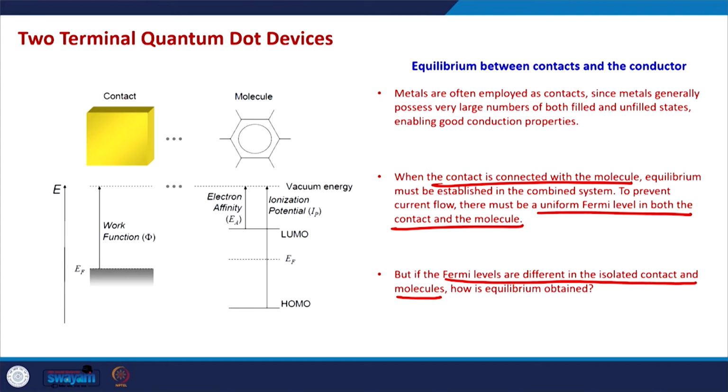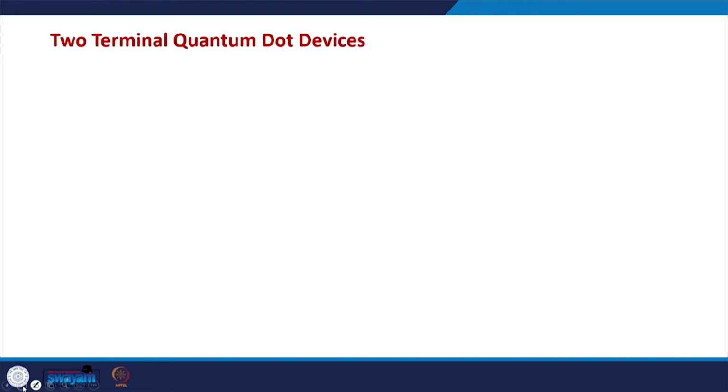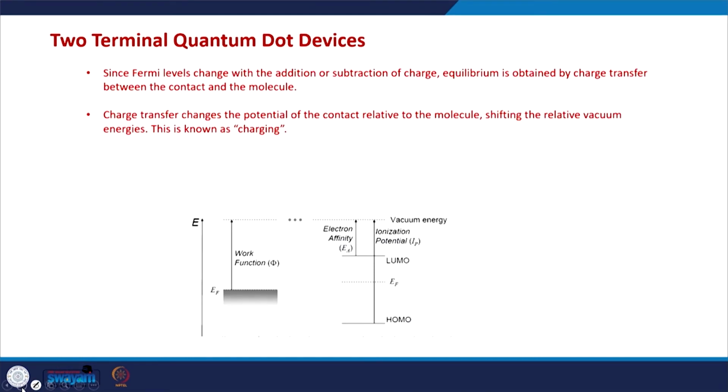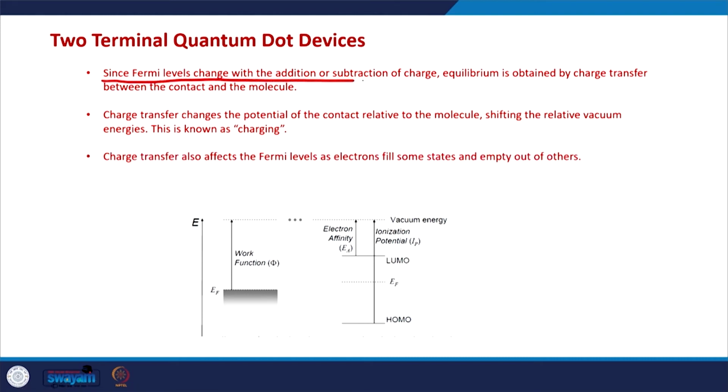And as expected, electron rearrangement needs to happen in order to do that. Okay. So, the Fermi levels actually change with addition or subtraction of charges, and equilibrium is obtained. Equilibrium means that both the Fermi levels need to be aligned.